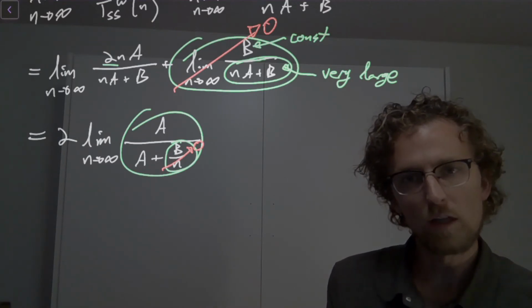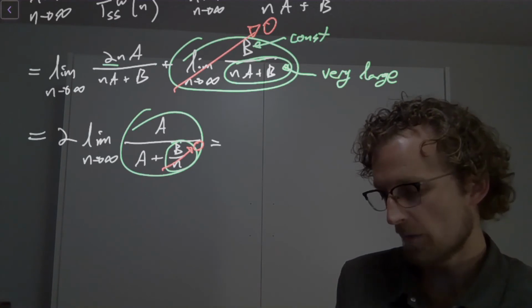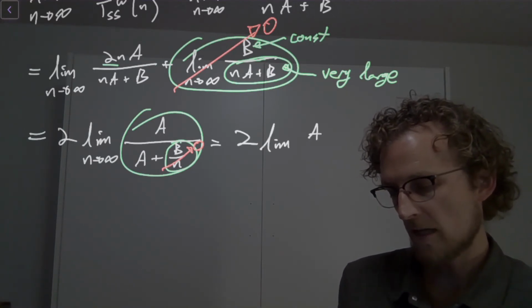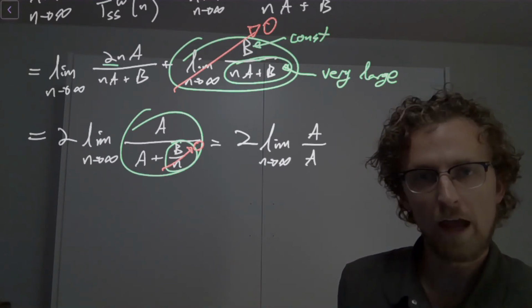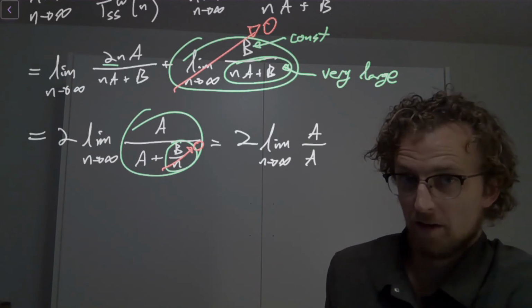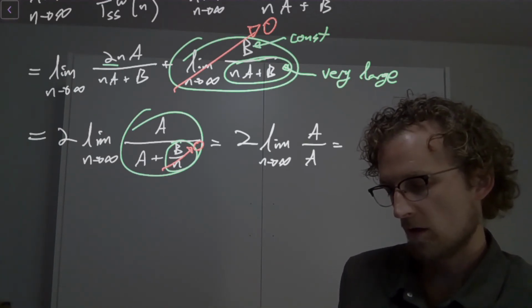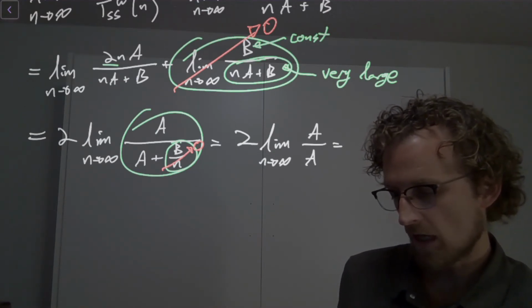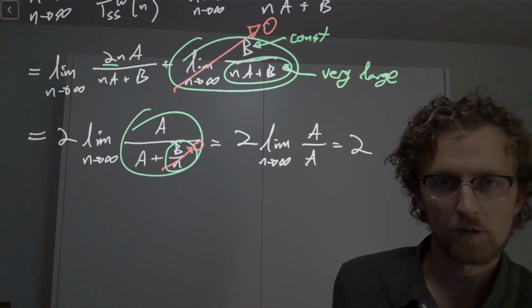And this whole limit will converge, and we don't have any n's anymore once that goes to 0. So this whole limit ends up at 2 times the limit as n approaches infinity of a over a. Well, there are no n's in here, it's all constant in n, and the a's cancel, so this just simplifies to 2.